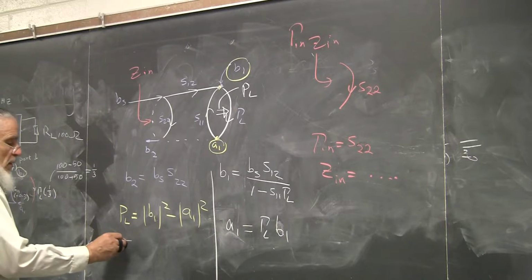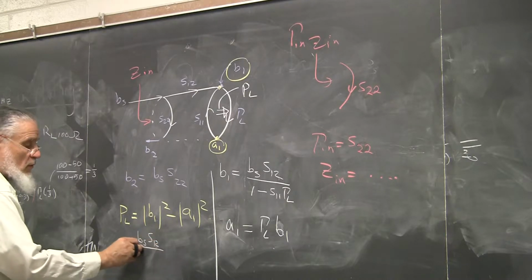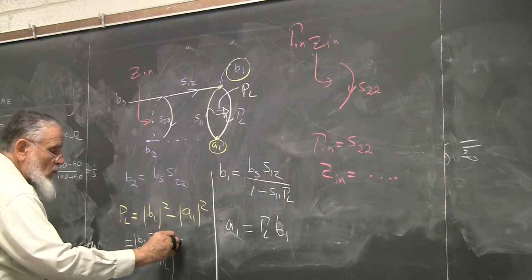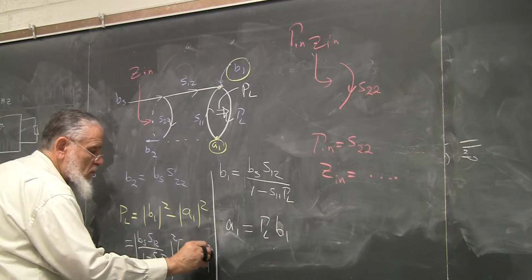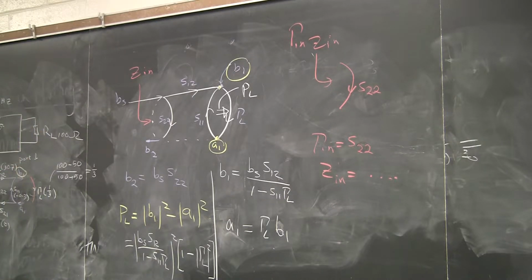So that's equal to BS S12 blah blah blah S11 gamma L magnitude squared minus 1 minus gamma L magnitude squared. Questions?